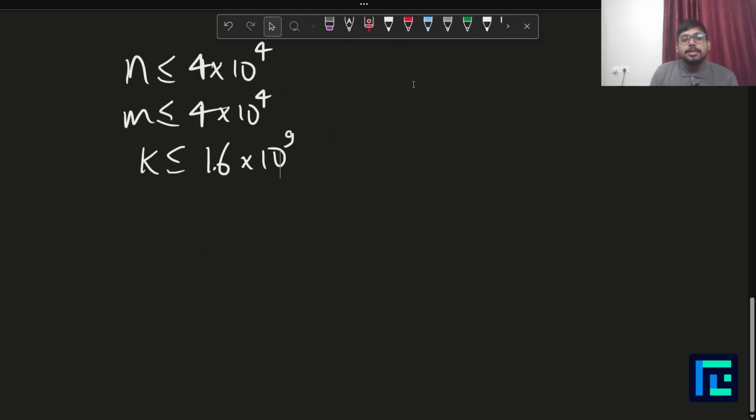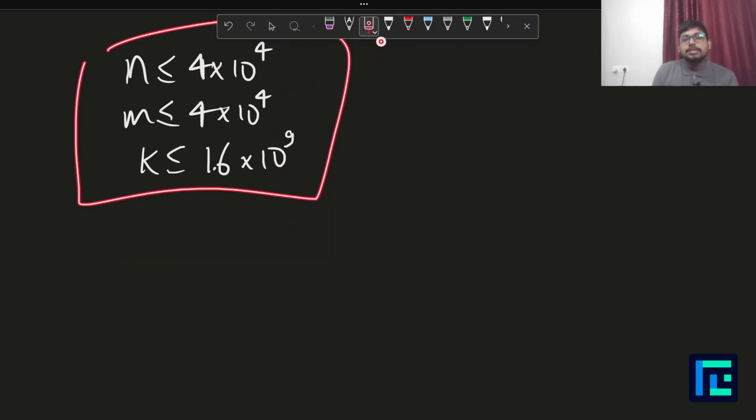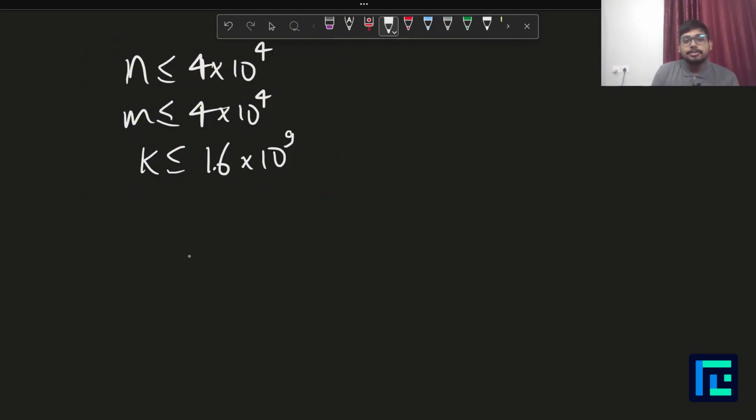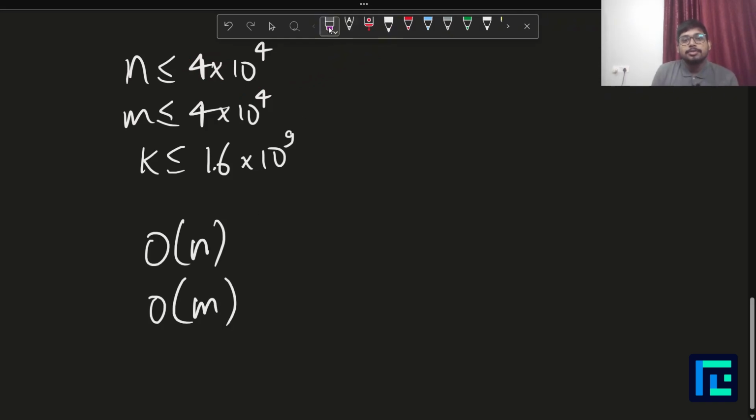So what time complexities would be acceptable given these constraints? If we have something of order n, then 4 into 10 to the power 4 is always fine. Order m would also be fine.